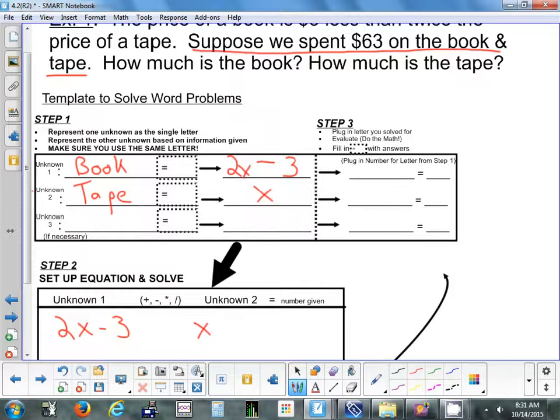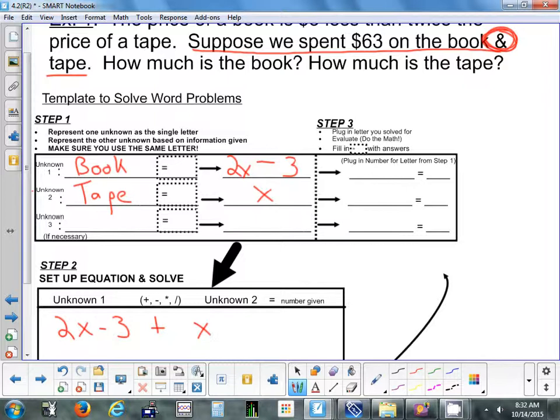Anybody think anything different than plus or addition? I agree with Corey. It's going to be addition. Suppose we spent 63 on the book and tape. When it's "and," we're going to add. It's the two things together. When I put something together, I use addition.